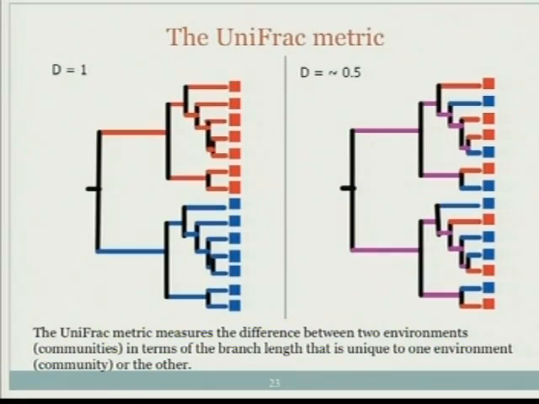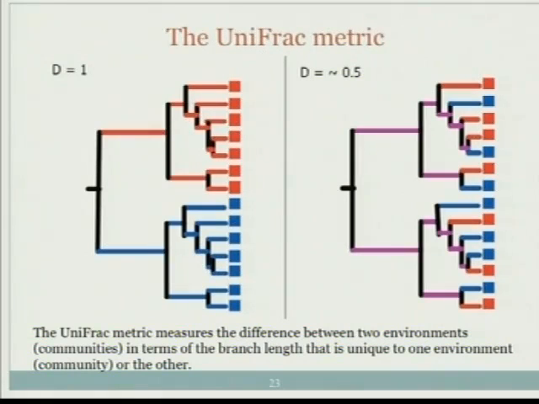So the blue environment will have this branch, and the red has the other branch. One square is one species in my gut, or here you can think one block is just one read, or many reads. But all those reads can be assigned to this branch.